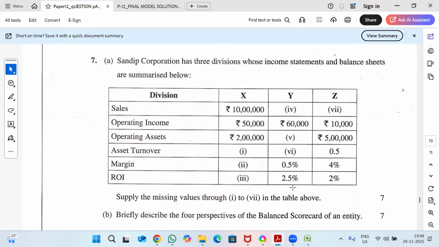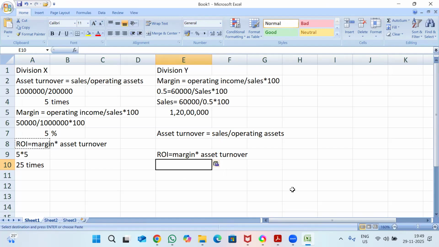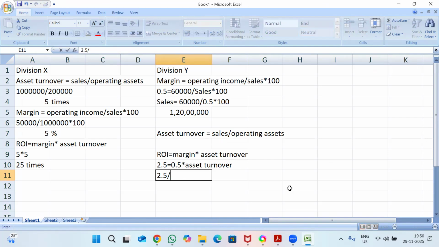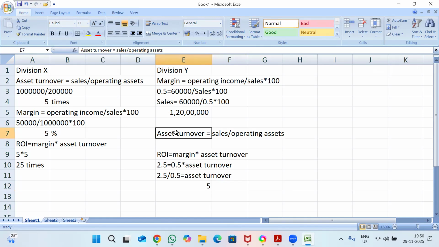My ROI is 2.5%. So 2.5 is equal to margin, 0.5, into asset turnover. So 2.5 divided by 0.5 will be my asset turnover. 5 will be my asset turnover. So asset turnover is 5.